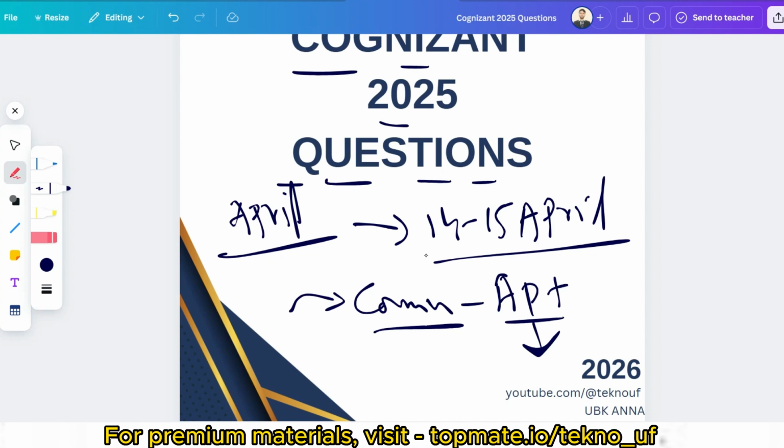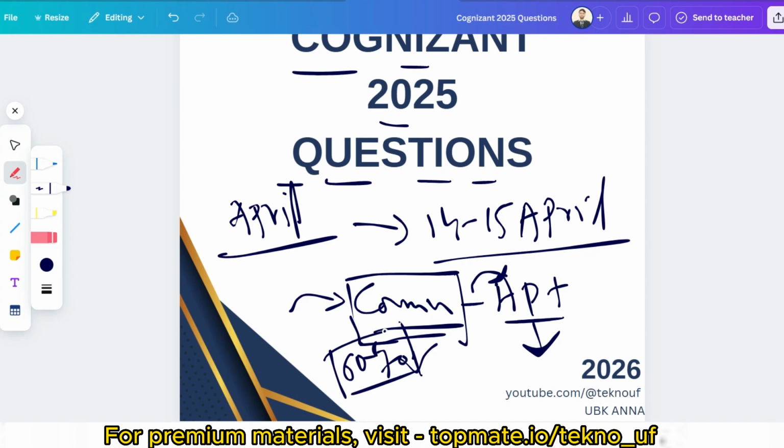In this case, you don't have any notification of when the aptitude round or the technical round will be. You have to pass this assessment, achieving 60% or 70% in the communication assessment, and then only they will give you the assessment link of the aptitude round.